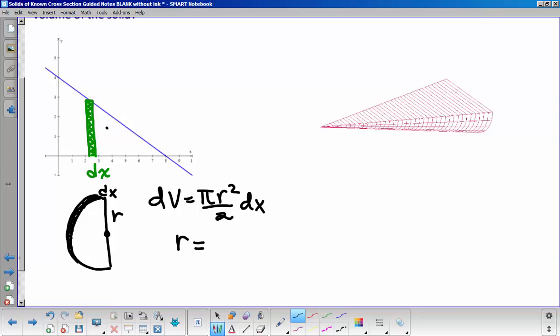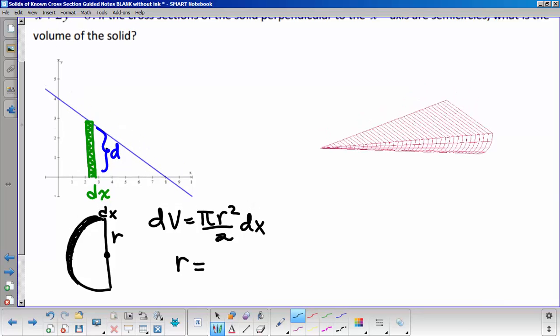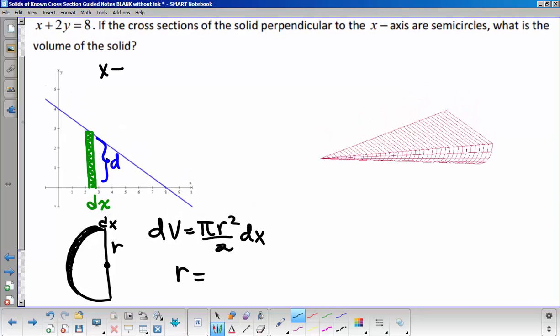Is r the entire distance? No. This right here is the diameter, isn't it? That's the biggest mistake that calculus students make, so let's not make that mistake. We need to know what that function is, and they gave us the equation of the line x plus 2y equals 8.